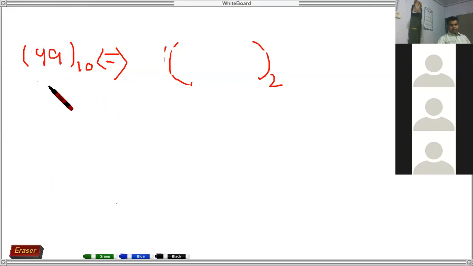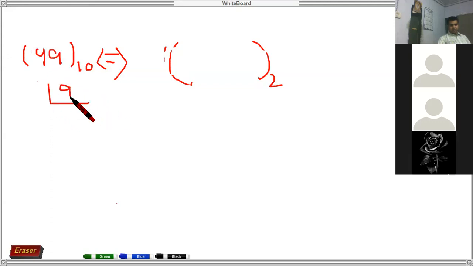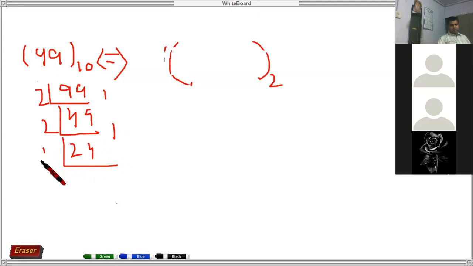So let's divide it. 99 divided by 2 gives 49. Remainder 1. Then you have 49. 2 2s are 4. 2 4s are 8. So remainder 1. Then 2 12s are 24. Remainder 0. Then 2 6s are 12. Remainder 0.